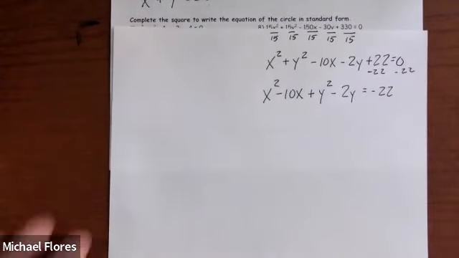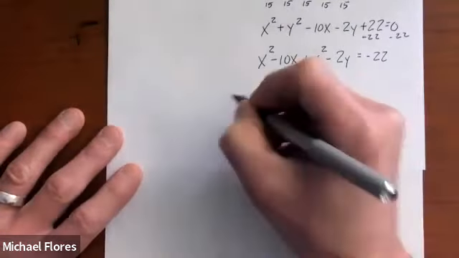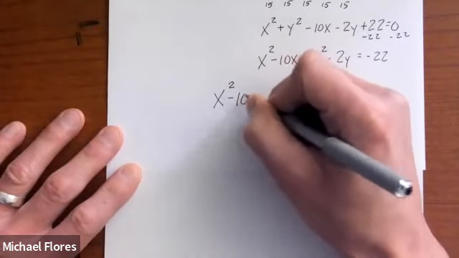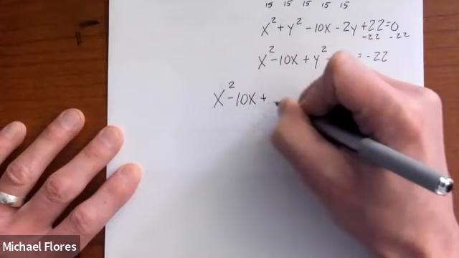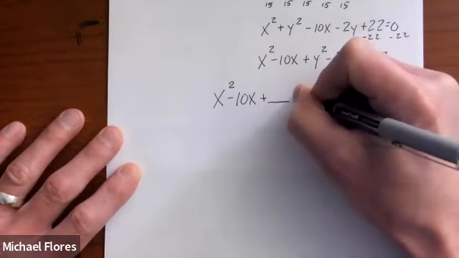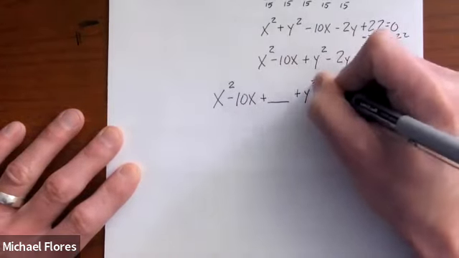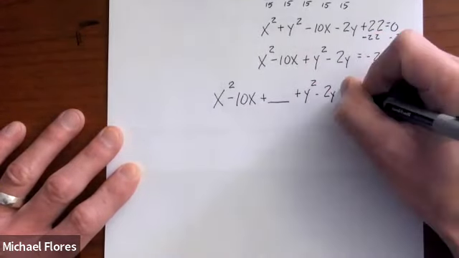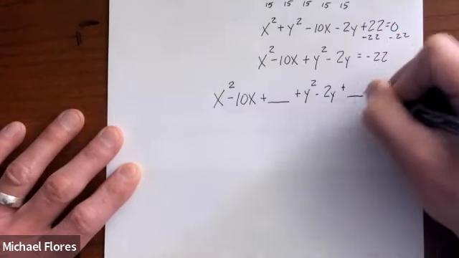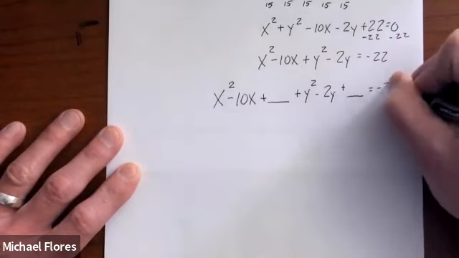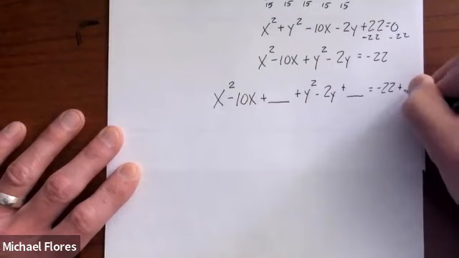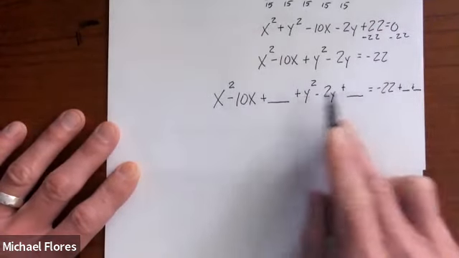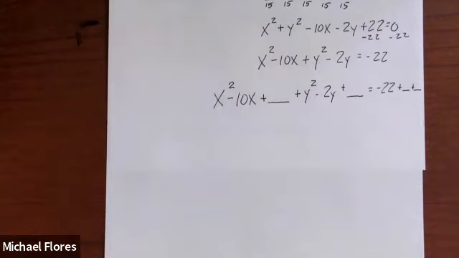Okay, now let's begin completing the square. Here we go. Plus blank. Then put a blank there and a blank there to remind myself that if I'm going to add new values here, I have to add them to the right side of the equal sign as well.